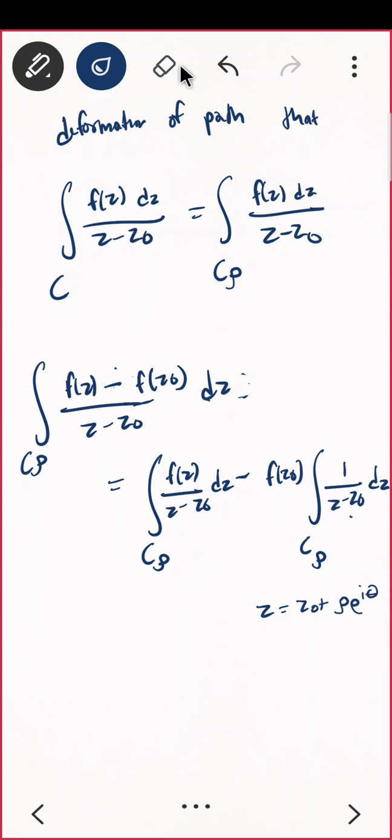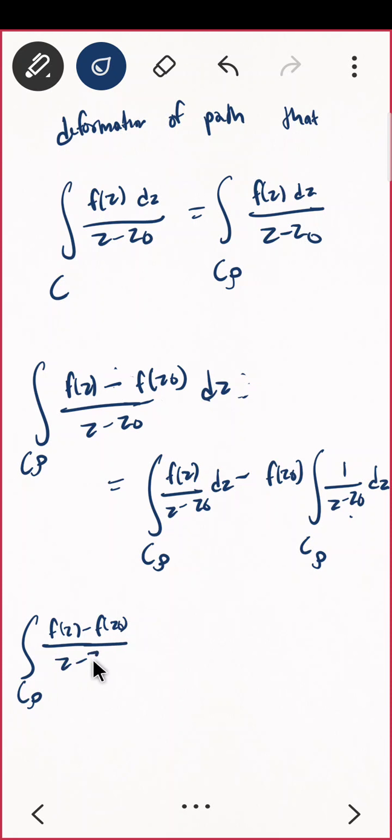So let me just write it. Okay, so let us keep this as it is. I have over 0 f of z minus f of z naught upon z minus z naught dz. That is equal to what? Since 0 is the same as over c, this will be over c f of z upon z minus z naught.